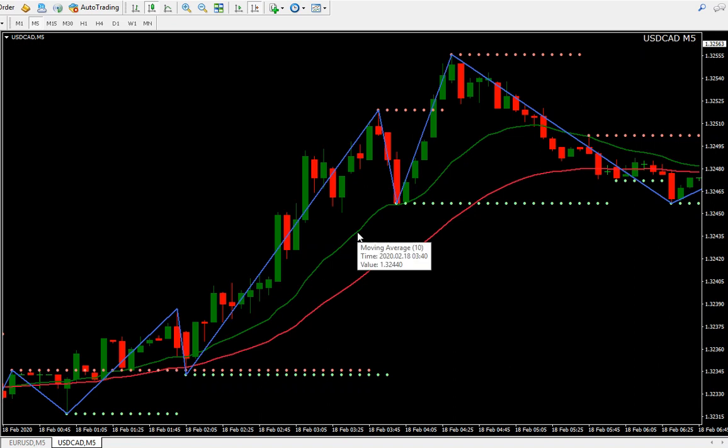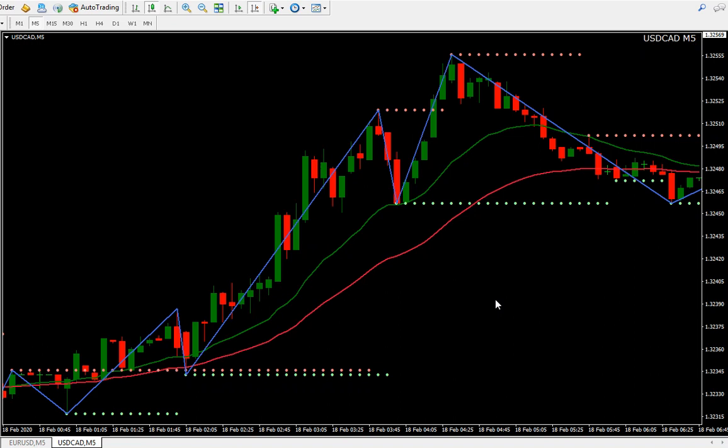I have a moving average 10, I have another moving average 20, and I have the zigzag indicator, this one, and I have my own custom support and resistance indicator, which you can still get and customize if you so want. Of course, this is not critical to the analysis.